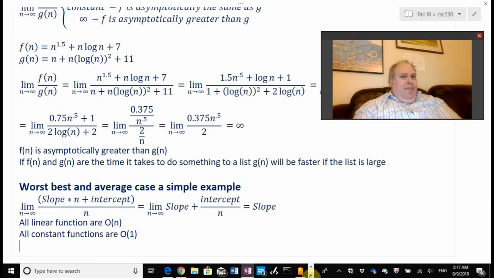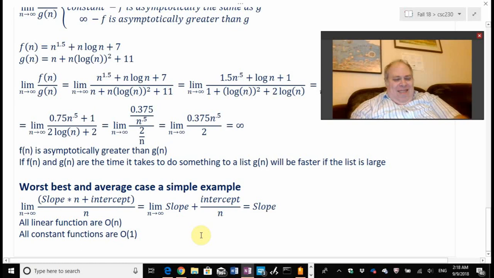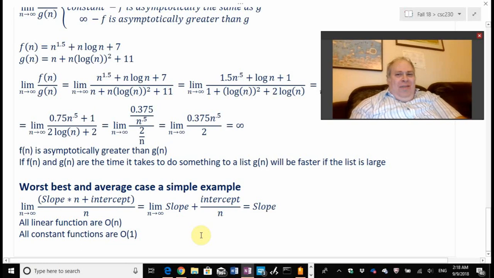I'll leave that one up to you, but it's fairly clear. The limit of a constant is a constant. Now, that's what being constant is all about.